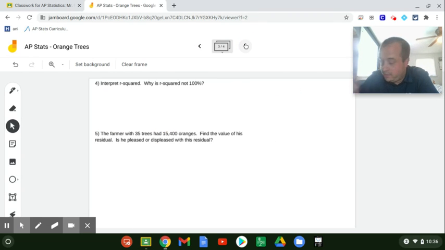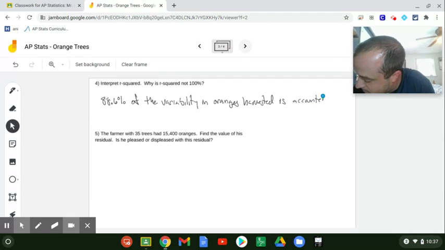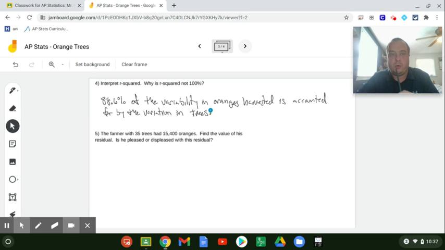Okay, so if we're going to interpret it, right, 88.6%, we're going to start it out with this percentage of the variability in oranges harvested is accounted for by the variation in trees, right? Number of trees in your grove.